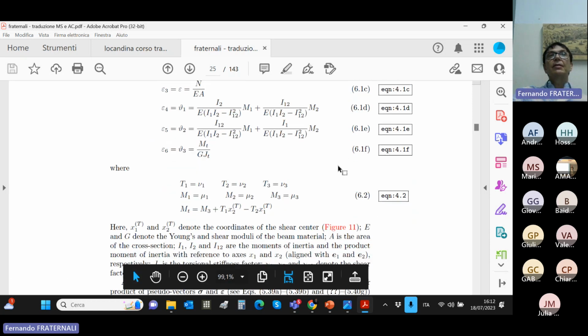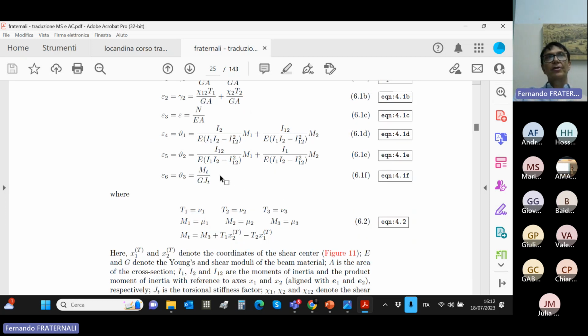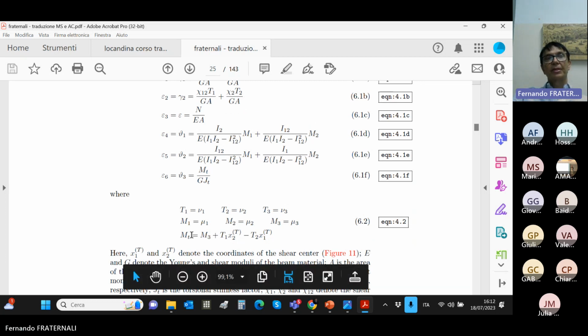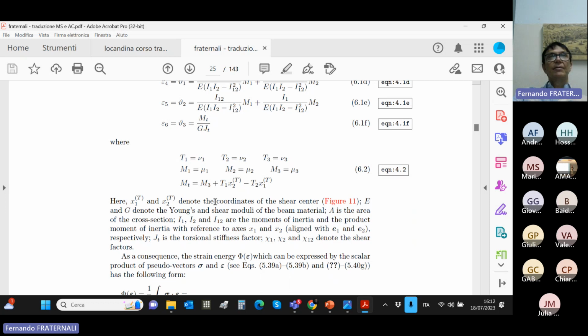Now, we can also assume the third equation, adding the moment MT, the torsion moment, computed with respect to the shear center of the cross section, as in the classical straight beam theory.